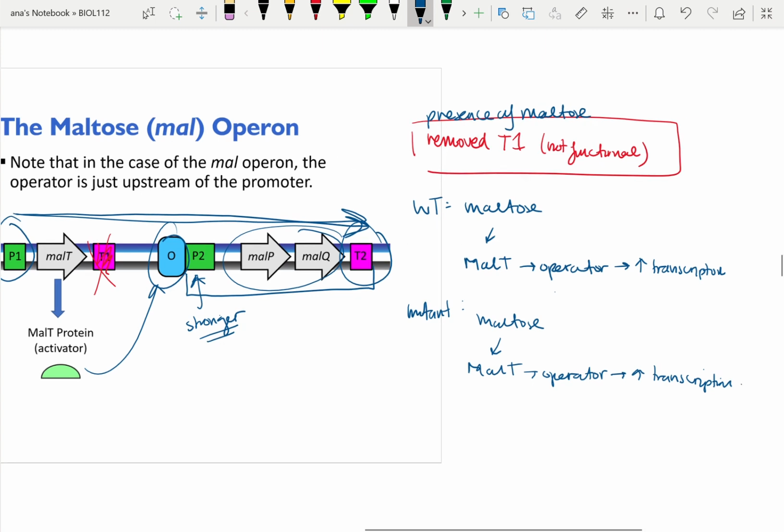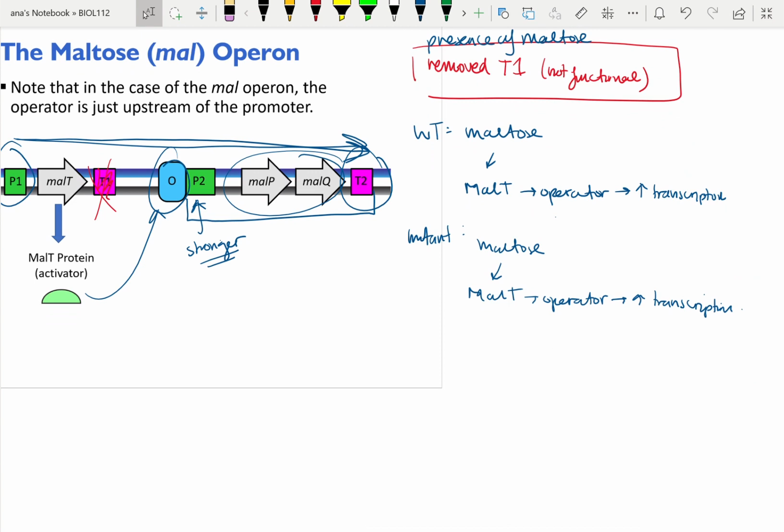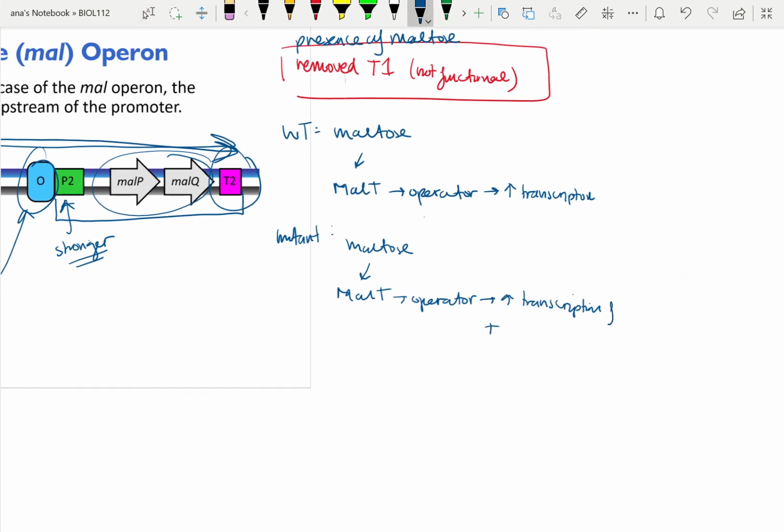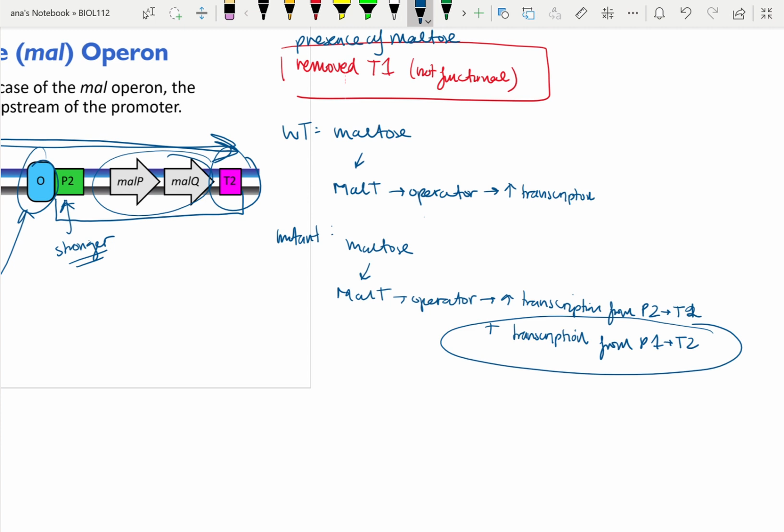So this is where we could say that we have an increased transcription from P2 to T2, but we also have transcription from P1 to T2. So it's really how much more is this second part, right?